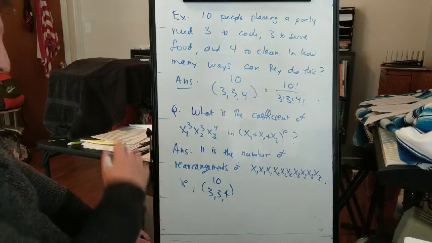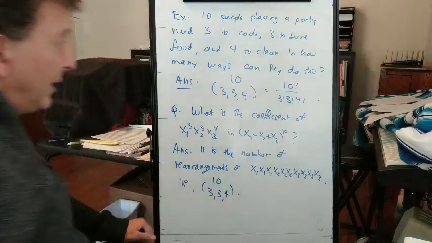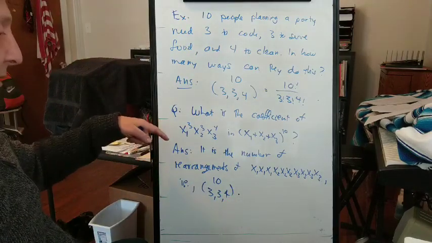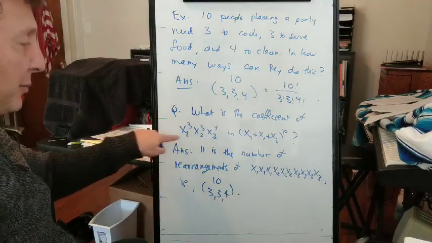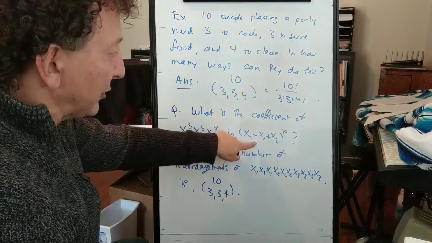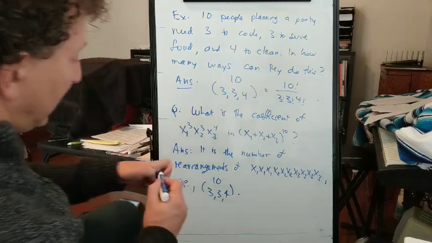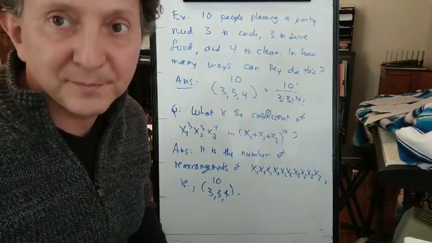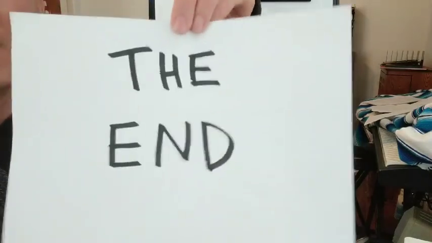So 10 choose 3, 3, 4. And the fact that this coefficient comes up when we raise a multinomial expression to a power is where we get the name multinomial coefficient from. The end.